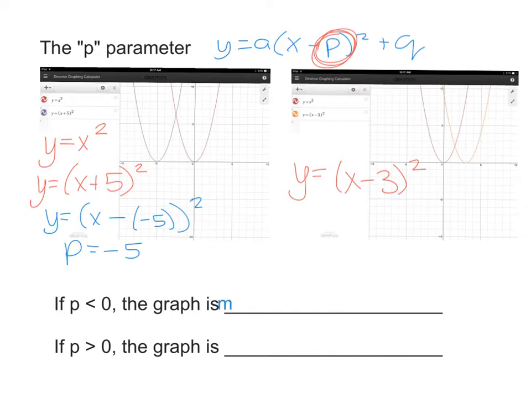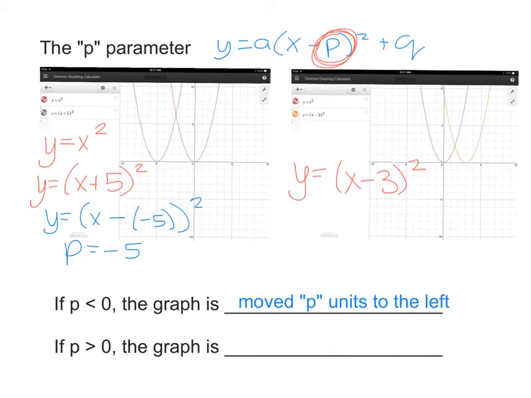And I'm actually going to say moved p units to the left. The reason why this is tricky is because you see x plus 5 and it's moved to the left, and then we say that p is less than 0, even though it says x plus 5, and it's because of that minus a negative number, subtracting a negative number.